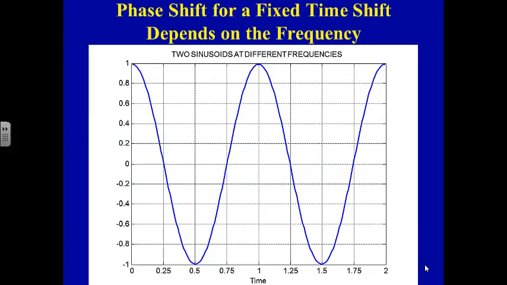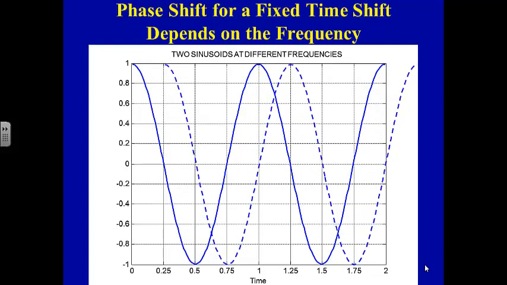Now, to connect why that kind of makes sense, that there's this linear relationship between phase and frequency, and my apologies to those of you who saw this at 228. If you take a 1 hertz sine wave, or cosine wave, and shift it in time by a quarter second, so I move it over by a quarter second.